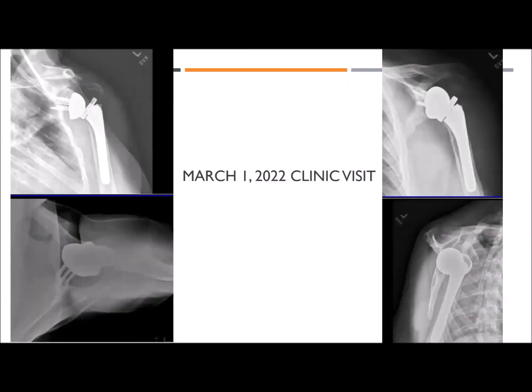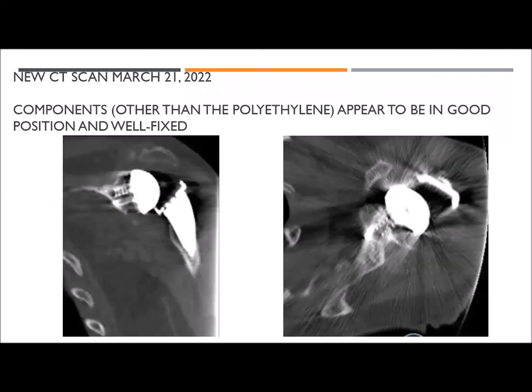We sent him on his way and hoped that he would never come back. But he did, unstable again. So I did not repeat the infection workup, but we got a new CAT scan. So I think that's the next image. To me, looking at this CAT scan, and obviously I don't have the entire CAT scan here for you guys, the components appeared to be well fixed, and they appeared to be in a good position.